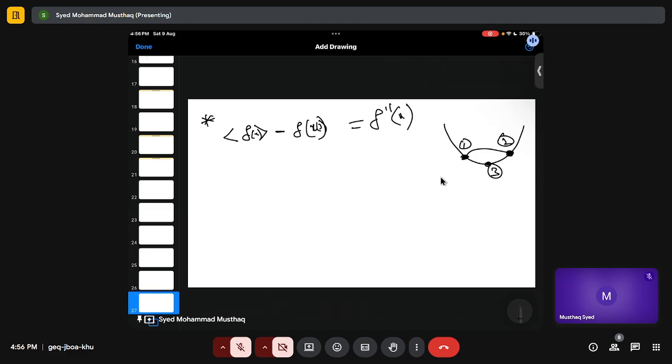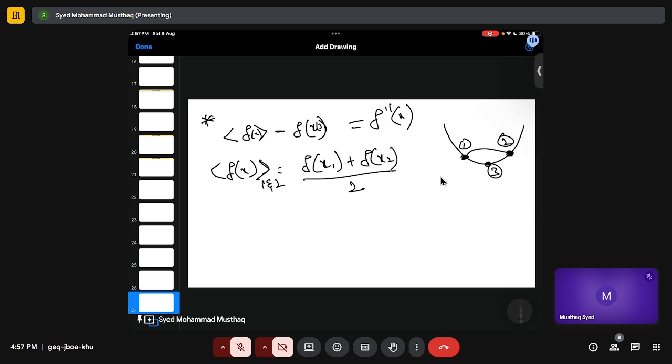Now what is this average function? Average function is nothing but f of x1 plus f of x2 by 2. It is simple, there is nothing physics-like about it, just simple mathematics. So the average of this function f of x at points 1 and 2 will be equal to f of x1 plus f of x2 by 2.